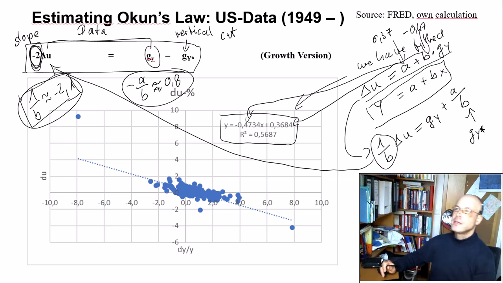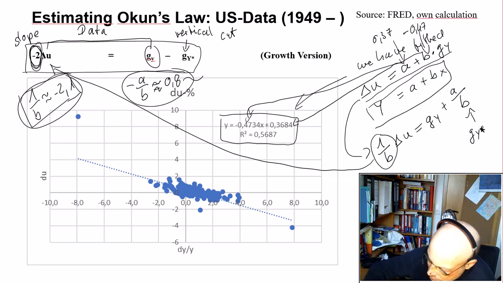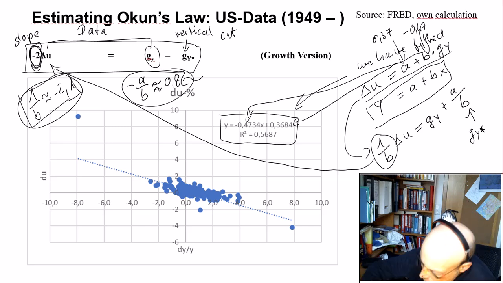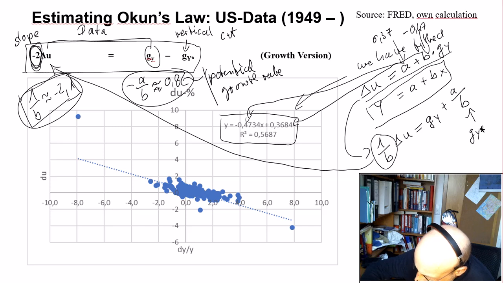This is 50 years, so over 70 years, we have a potential growth rate of 0.1, which is maybe a bit surprising, that the potential growth rate for the US over this long time period is that low. So potential growth rate.